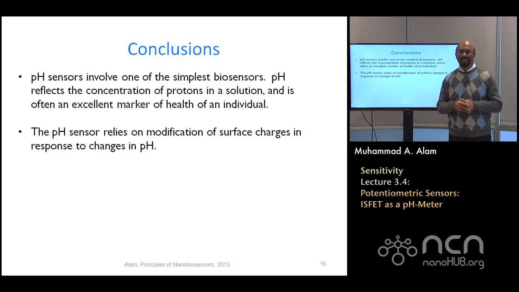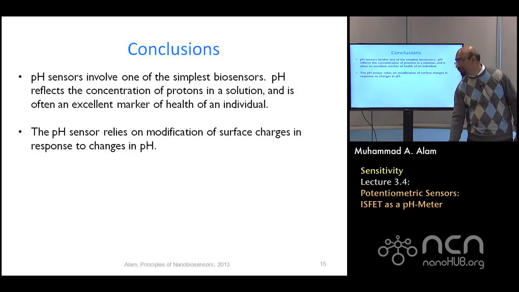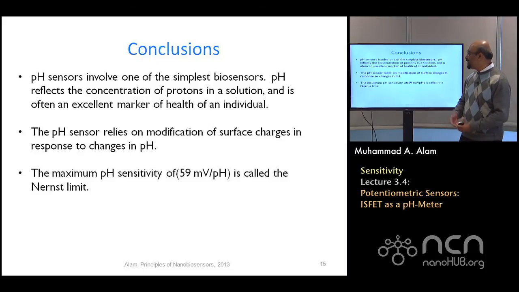I hope you'd say the answer is no, because graphene is a two-dimensional material and essentially all the bonds are satisfied, so it's difficult for it to interact with the fluid around it. And so the pH sensitivity of graphene would be very small, unlike silicon dioxide or hafnium dioxide or aluminum oxide, for example.